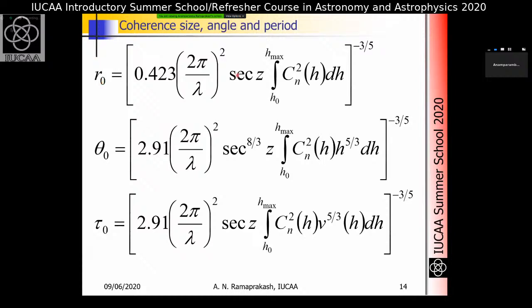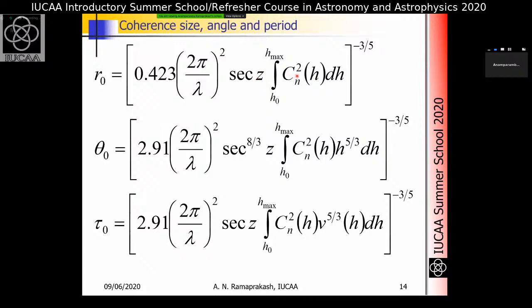That is given by this expression, where lambda is the wavelength of observation, z is the zenith angle or the angle from the vertical at which the observation is carried out. So if I draw a line to the vertical from where I'm standing and a line towards the object I'm observing, the angle between them is this angle.